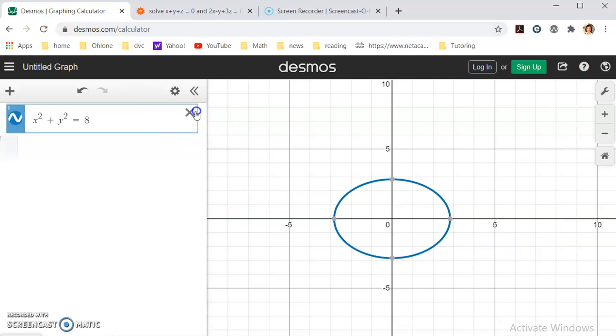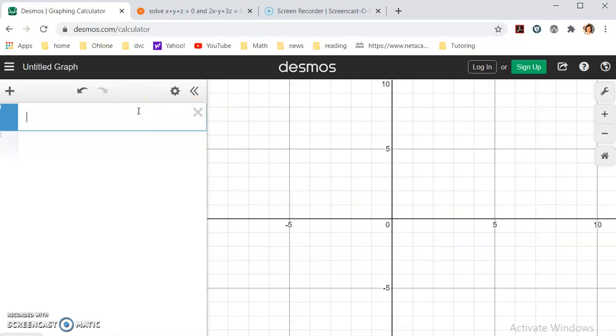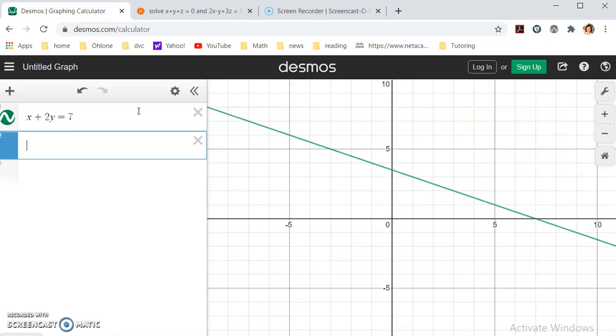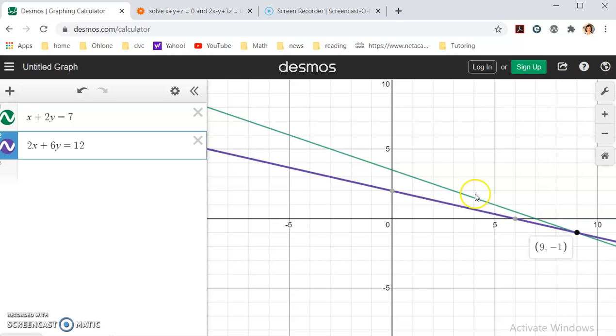So basically you type in x plus 2y equal to 7, and then 2x plus 6y equal to 12. Do we get that? Click on the point of intersection. Oh, actually it's 9. So 9, negative 1. You can see that if you graph by hand, sometimes it's not accurate.